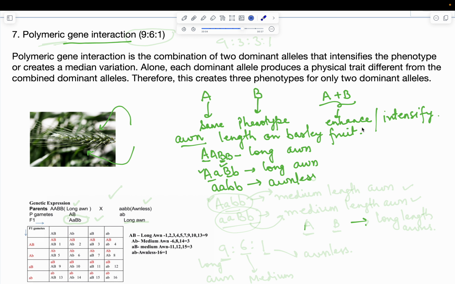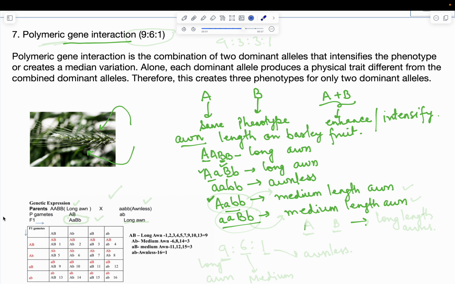So this will be awnless. And this genotype will produce medium length awn, the reason being that there is a single dominant allele. Similarly, this genotype again will produce medium length awn.